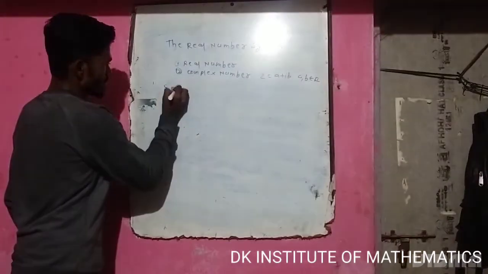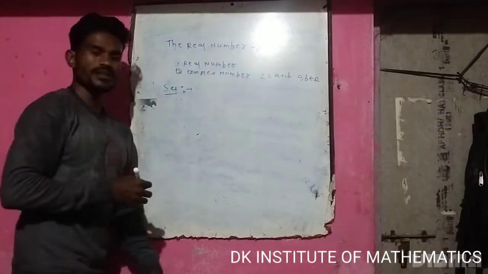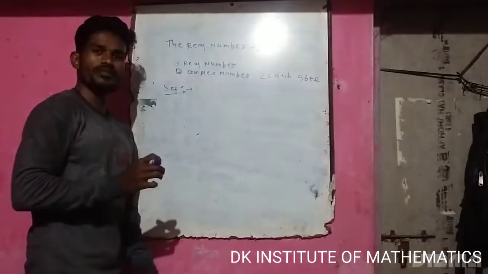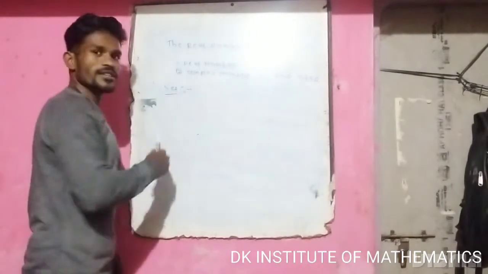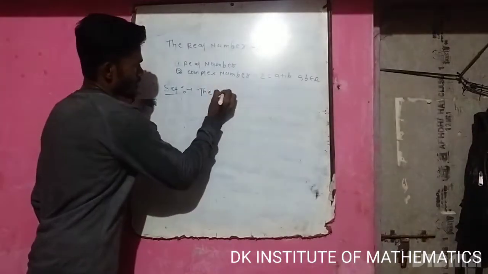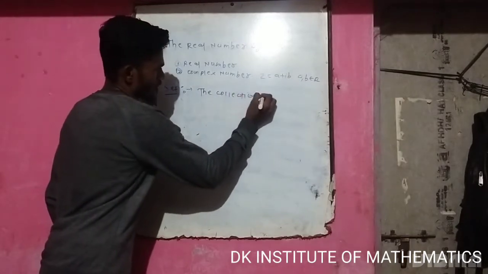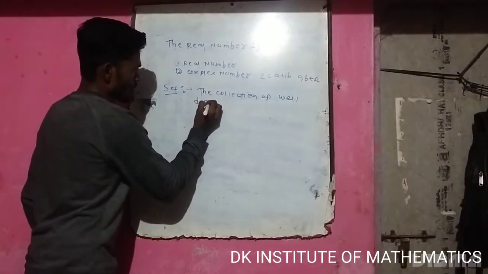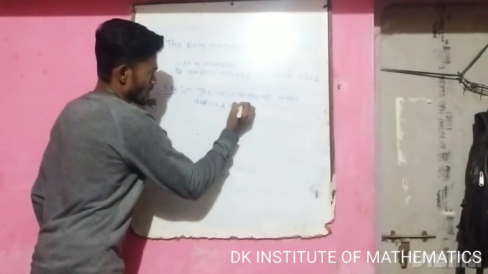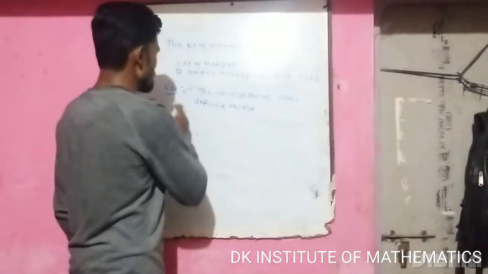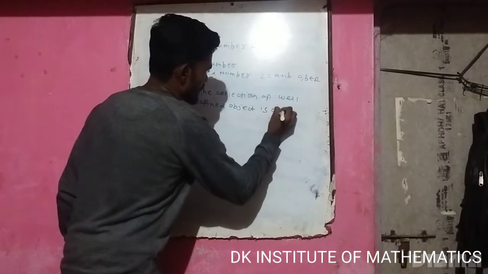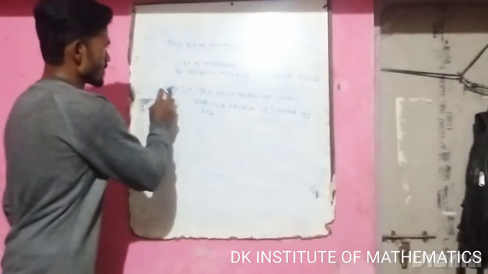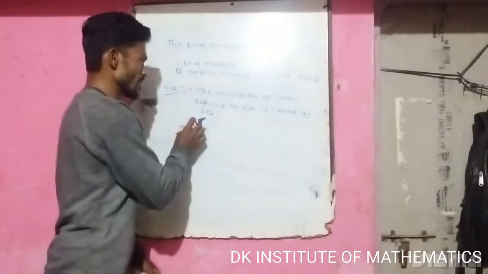The definition of a set: the collection of well-defined objects is called a set.